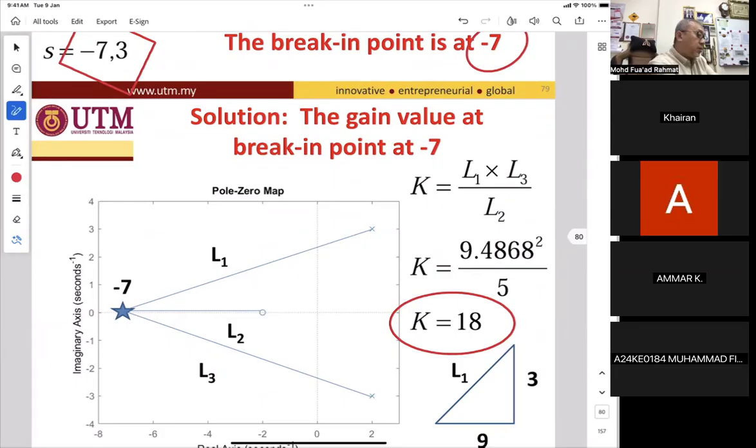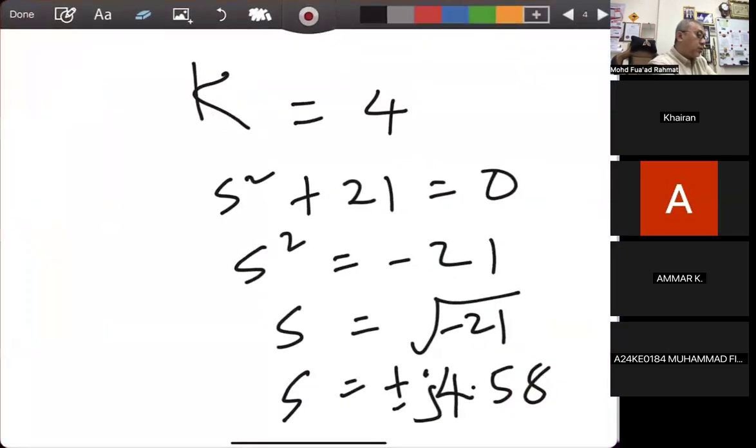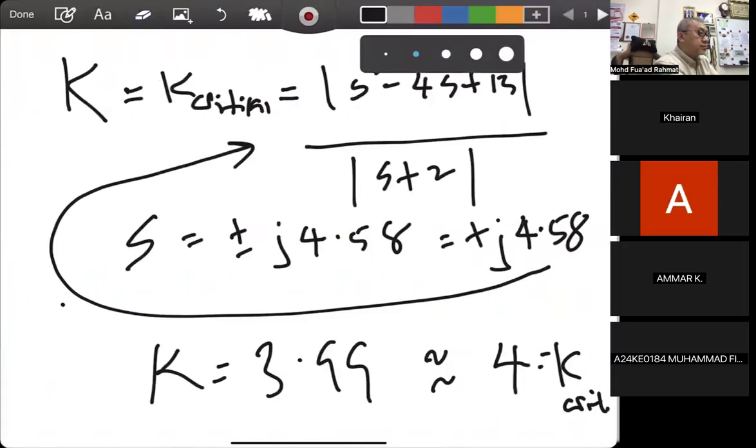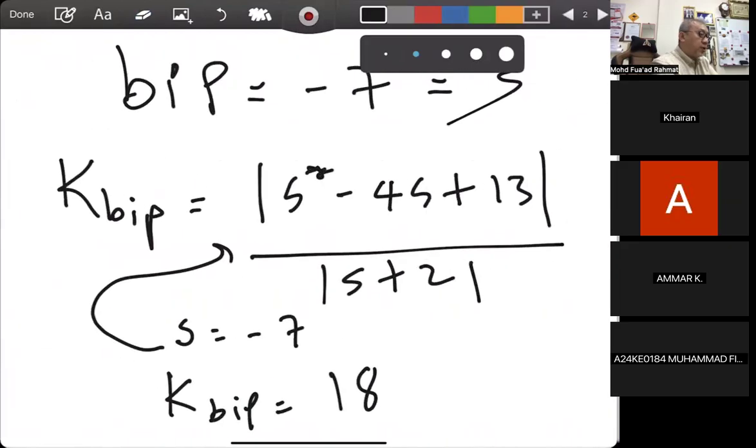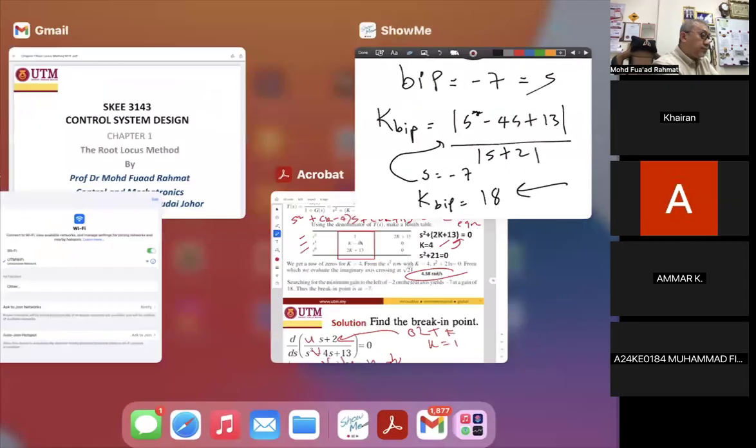I don't advise you to use this, okay? Because it takes more time. You use the one that I showed on the whiteboard, which is this one. Use this one to calculate the break-in point.